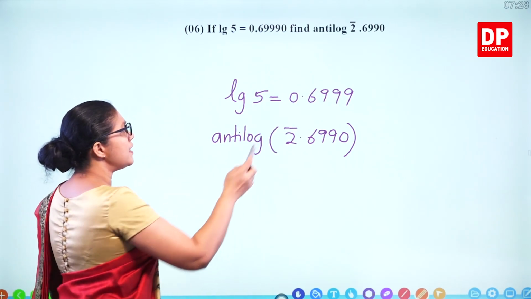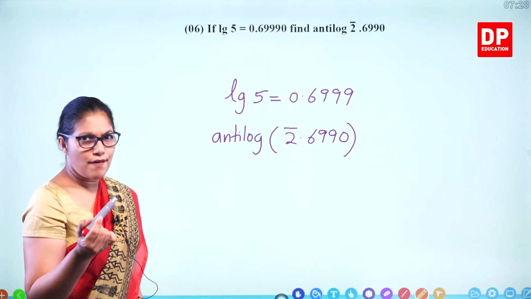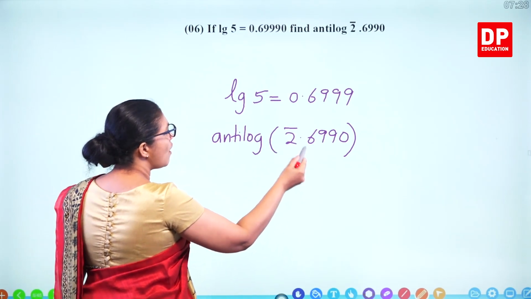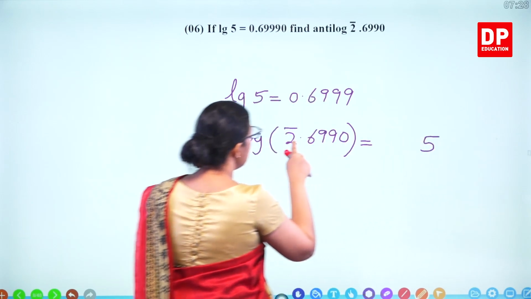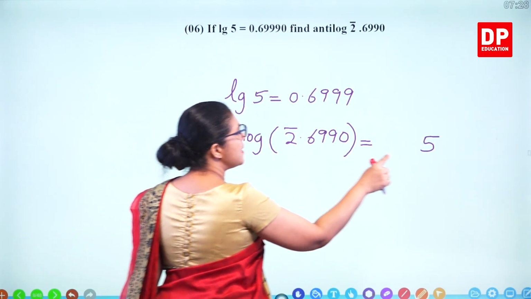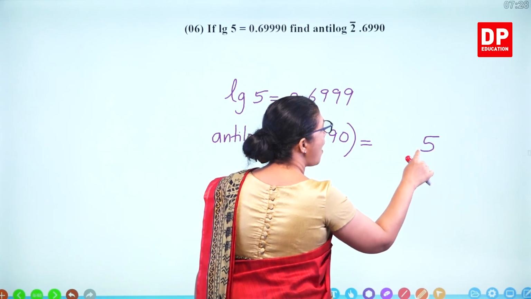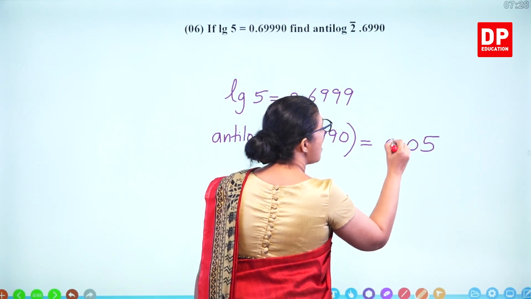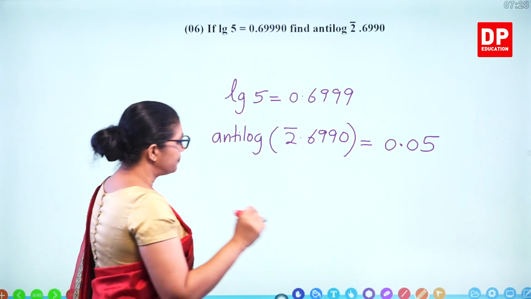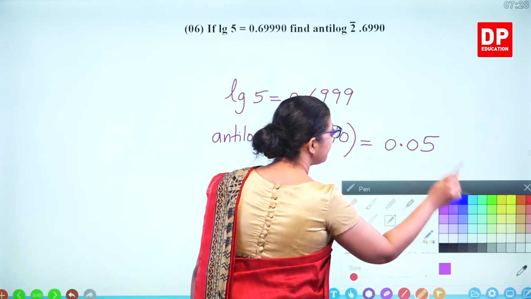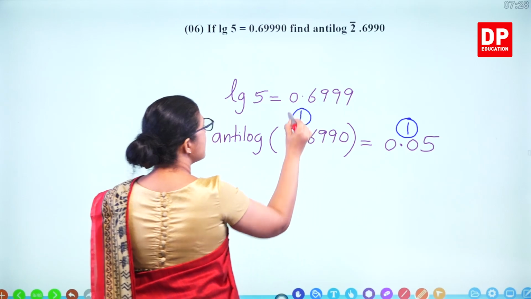If it's 0.6990, the antilog of that is 5. But what is the antilog of this? You get 5, but here bar 2 is there. That means in standard form, you have to keep 2 places to the left. 1, 2. So the answer becomes 0.05. So 1 mark here, 1 mark for taking the antilog properly.